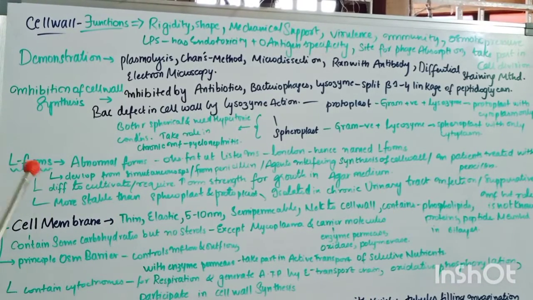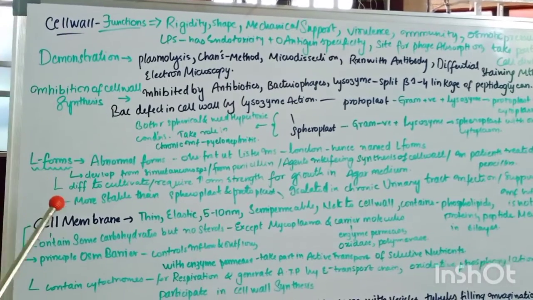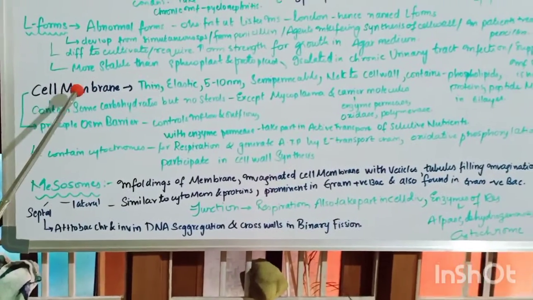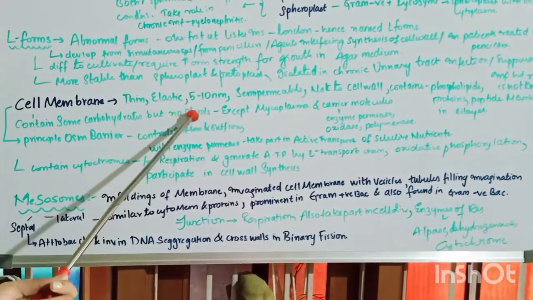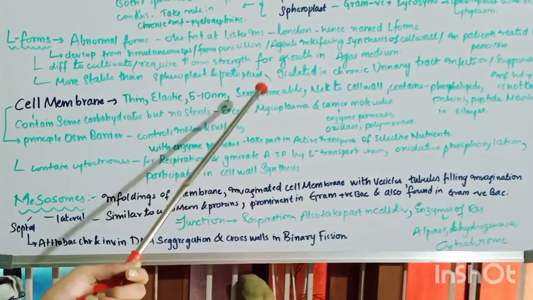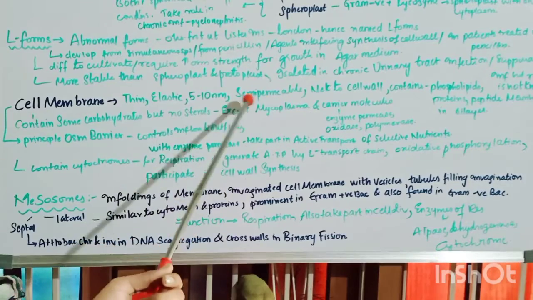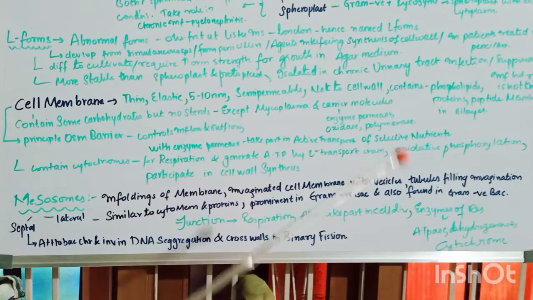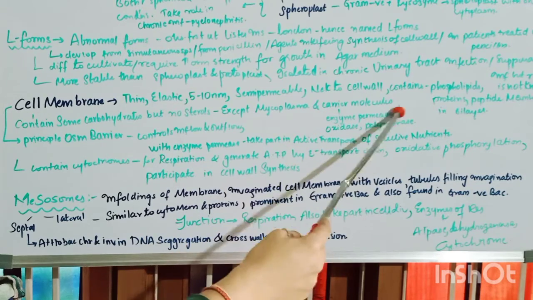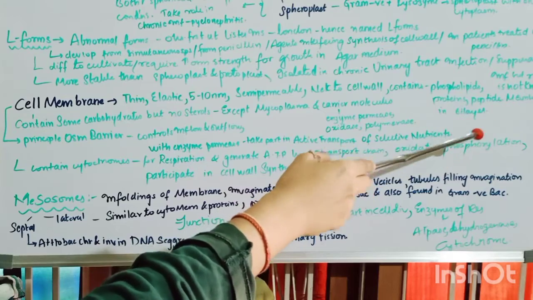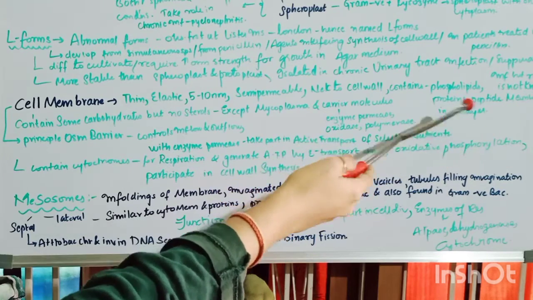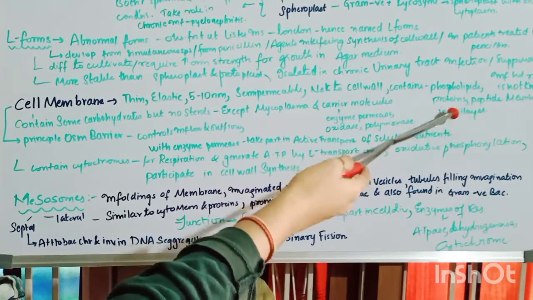Then we know about the cell membrane of the bacteria. Cell membrane, as we saw before, is outside the cell wall, inner is the cell membrane. This inner cell membrane is thin, elastic, and just 5 to 10 nanometers. And we know the cell membrane is semi-permeable. It doesn't allow everything. Only certain substances are allowed into the cell. And it is next to the cell wall. It also contains phospholipids, proteins, and peptide molecules, which are embedded in the bilayer, that is the phospholipid bilayer or lipid bilayer.